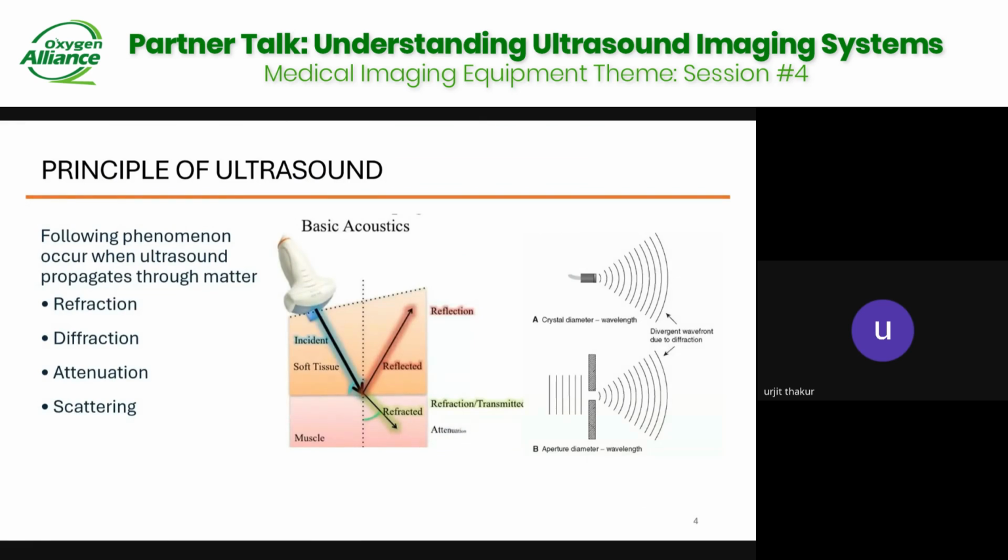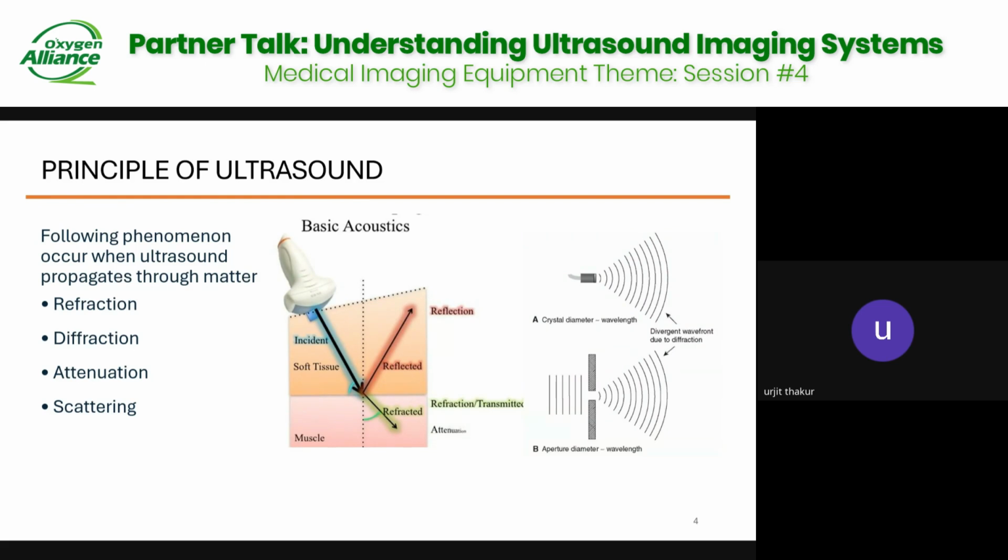The principle of ultrasound also includes the following phenomena that occur when the ultrasound propagates through matter. The first one is refraction. Refraction in ultrasound occurs when the ultrasound waves interact with structures, interfaces within the body, at angles higher than 90 degrees. Diffraction is the spreading of waves as they pass through and around objects.